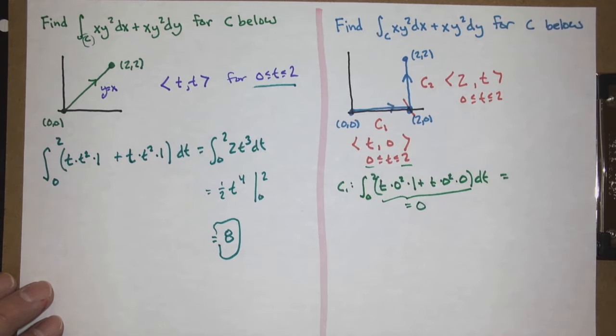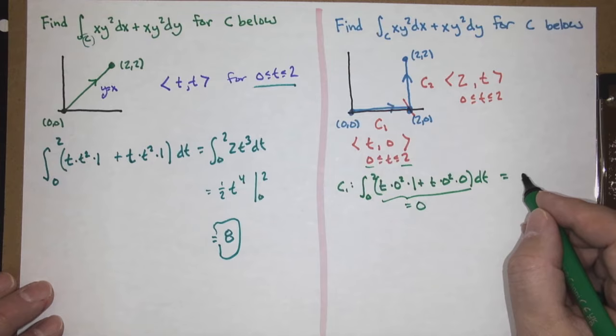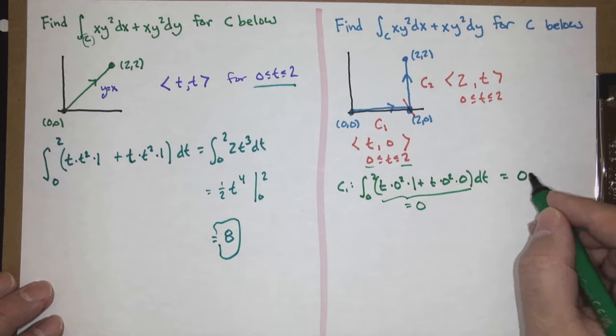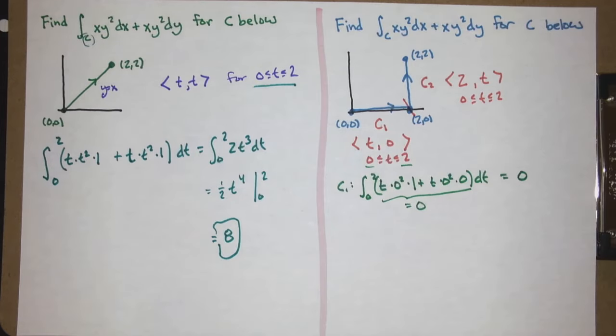And if you add up 0, between 0 and 2, what do you get? 0. The integral of 0 is 0. If you're adding up a bunch of zeros, you get 0. Okay. Cool. We learned something new today.